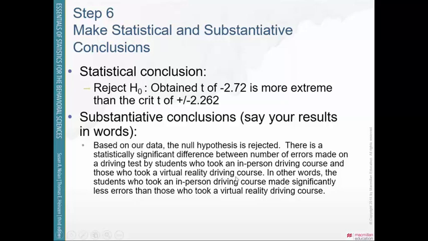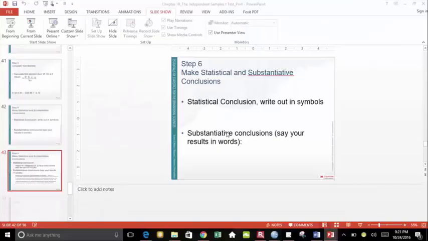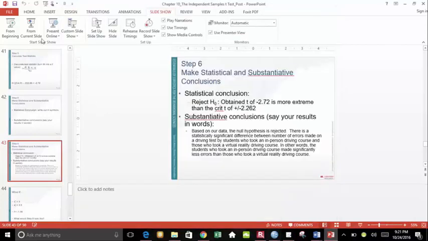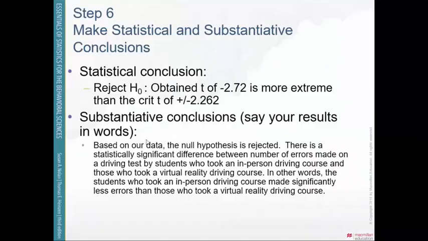And which direction? Now look, we've got a negative sign here. And if you recall, our t is all the way here in this negative direction. So what is that saying to us? It's saying that students that took the in-person driving course made significantly fewer errors than those who took a virtual reality driving course.